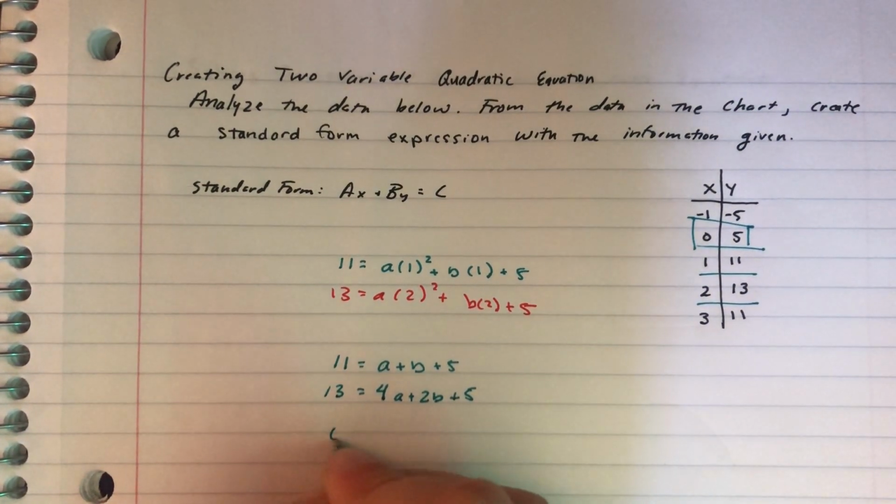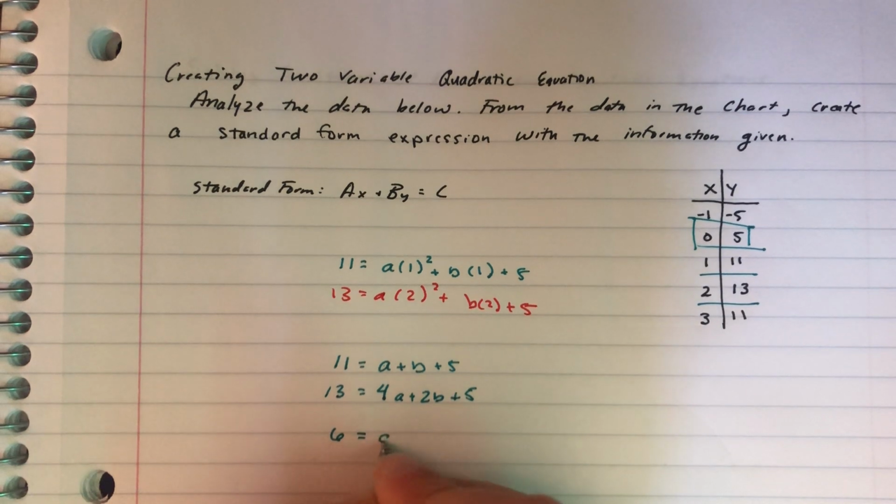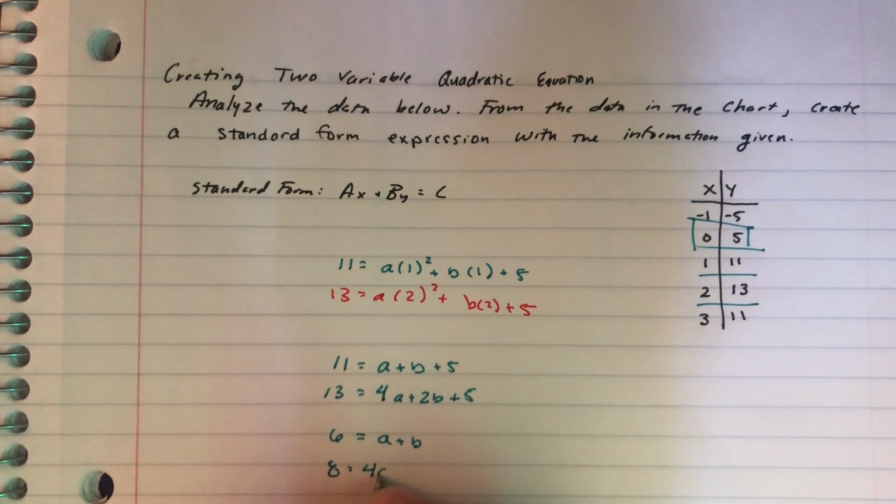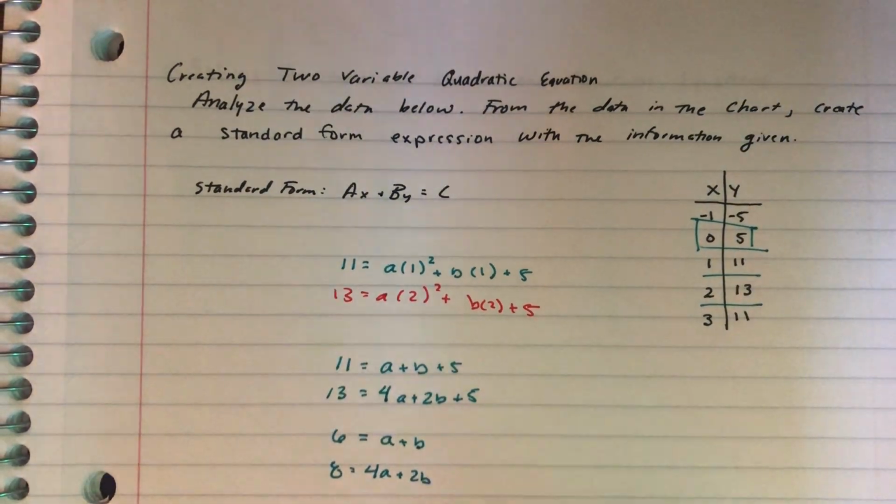And as we continue to break it down, 6 equals a plus b, and then we'll have 8 equals 4a plus 2b.